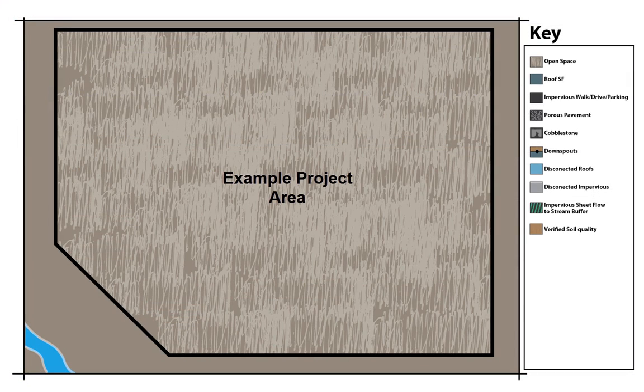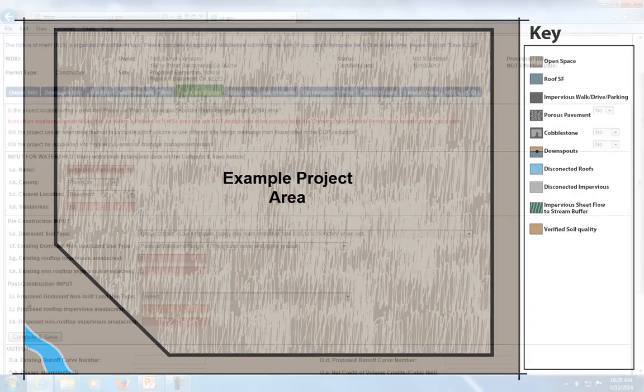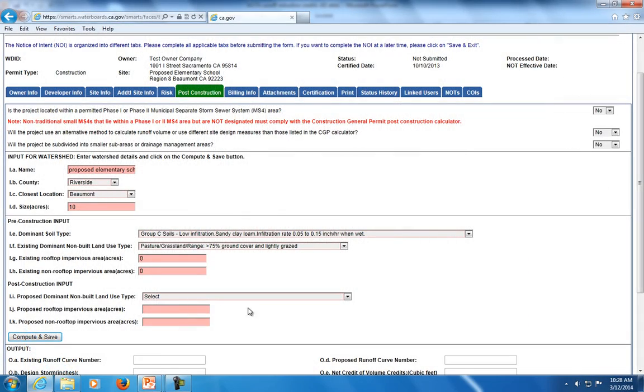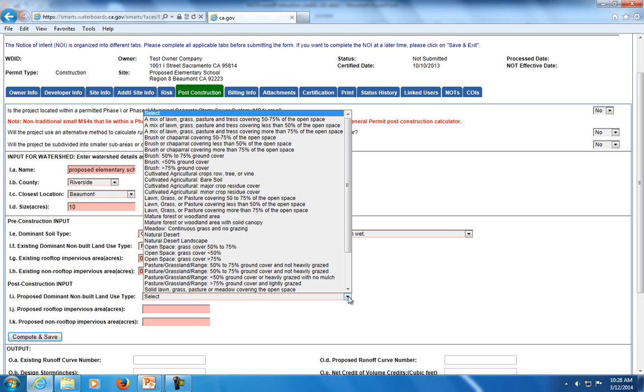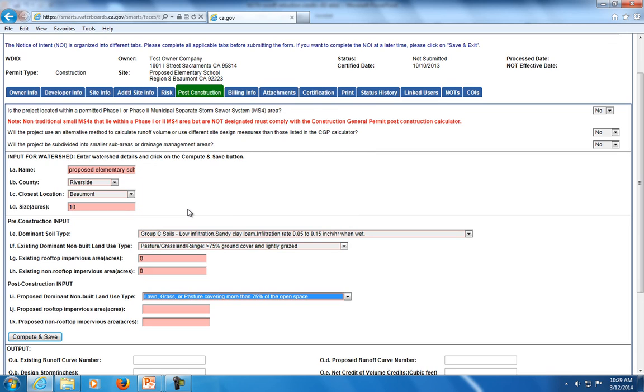Okay, so then post-construction, this is actually, we're going to go in, we're going to build a project, and the proposed dominant non-built land use type, let's say we're going to have lawn. Let's see if we can pull that lawn, grass, or pasture, covering more than 70%. Okay.